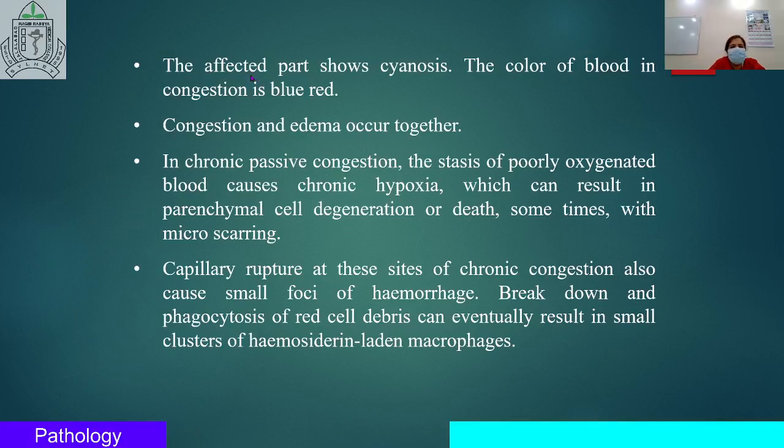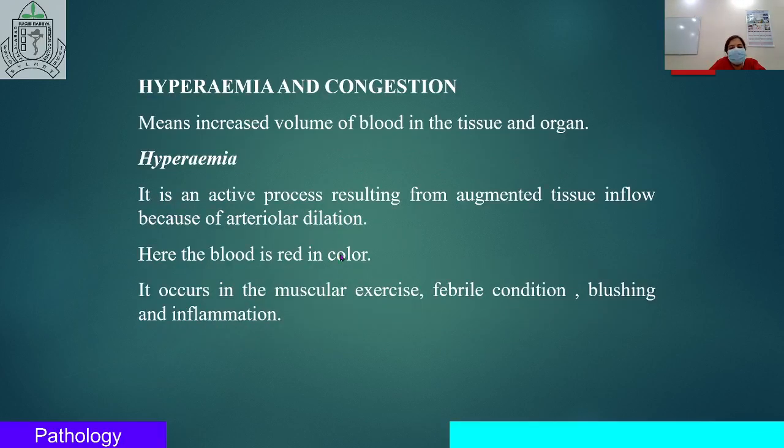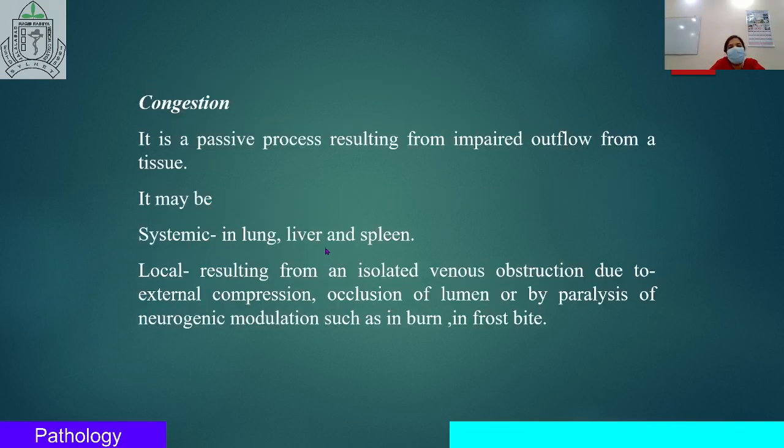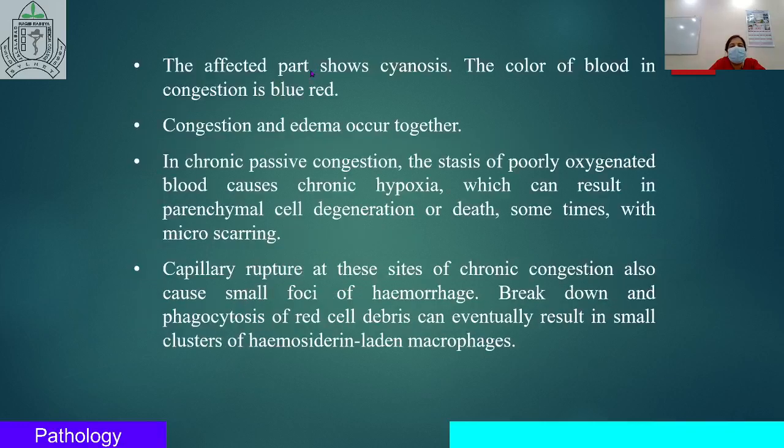If we compare hyperemia with congestion, the hyperemic area is red in color, as arterial blood is oxygenated. In a congested area, the affected area becomes cyanosed, as congested blood is blue in color, venous blood.